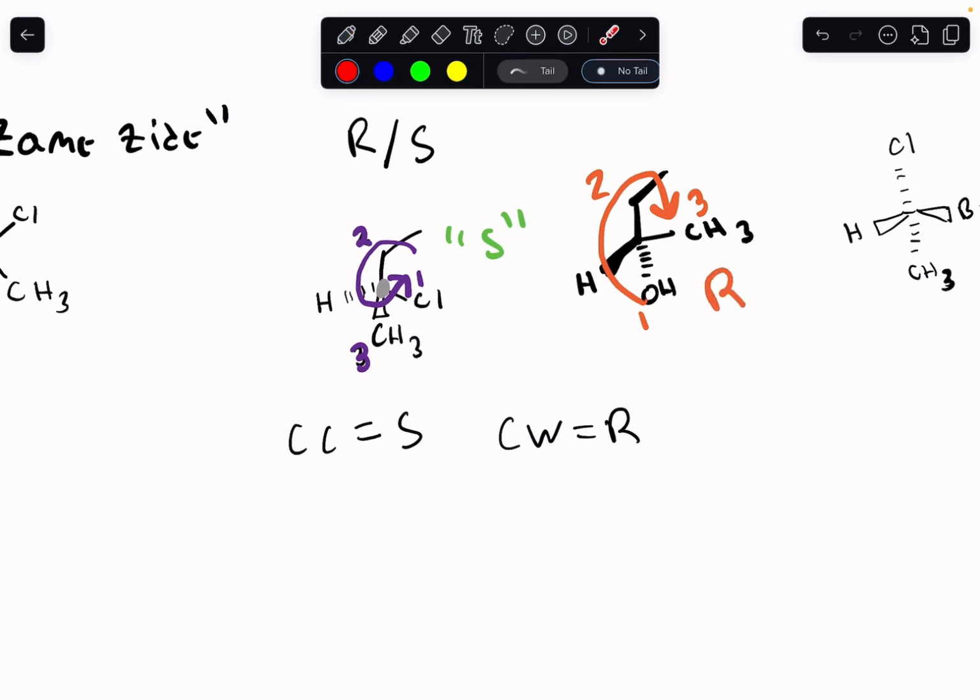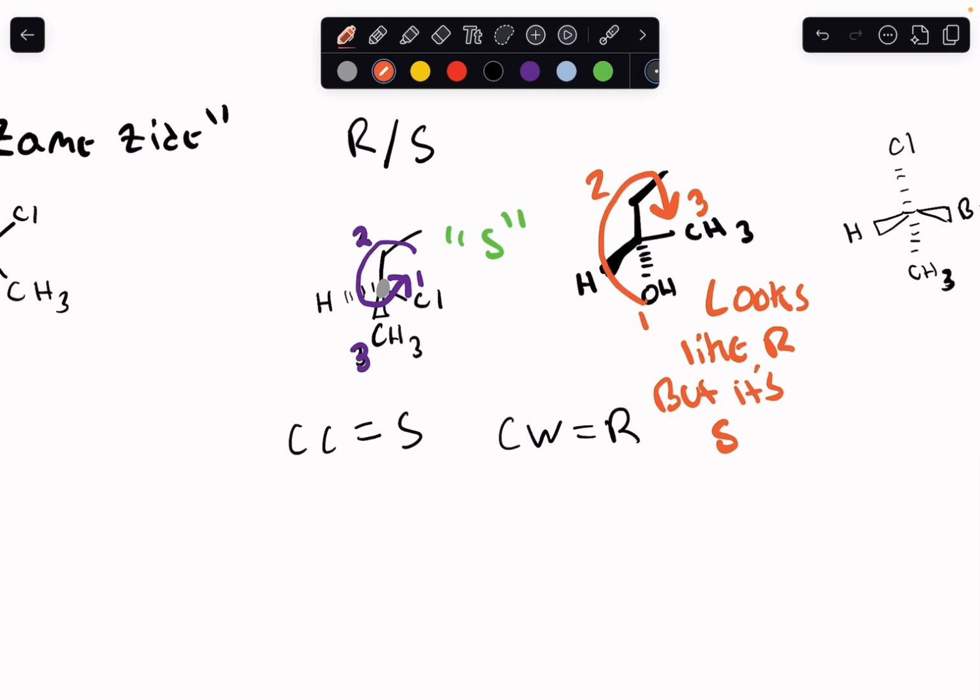But because this group isn't on a dash, we're going to say it looks like R, but it's actually S. So that's the main difference, the key thing that you need to know, because I've actually seen this a lot. They do this all the time, especially in new world. So when your lowest priority group isn't on a dash, it's the opposite of what it looks like.